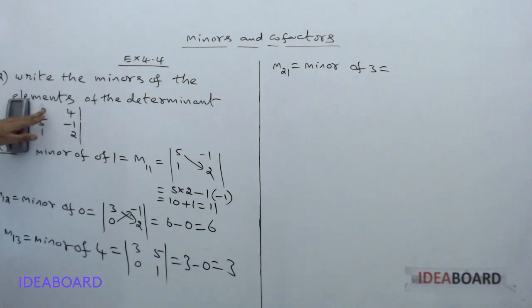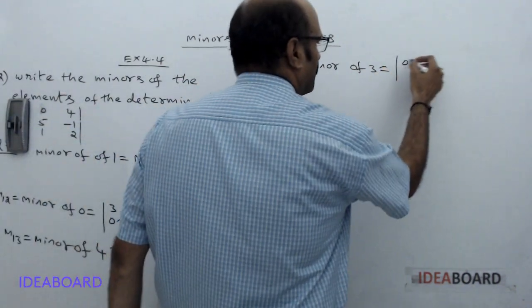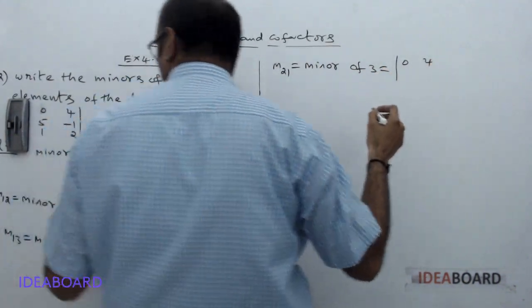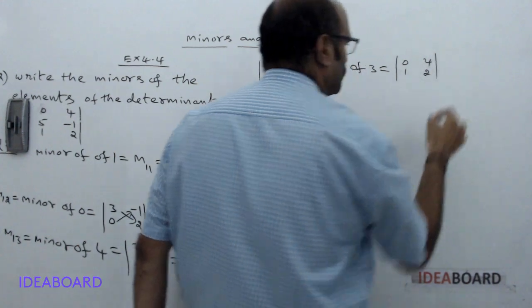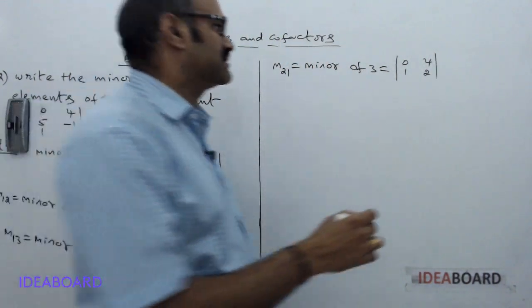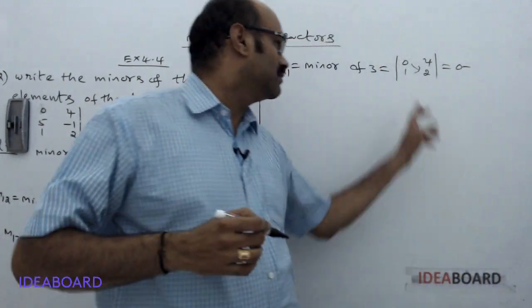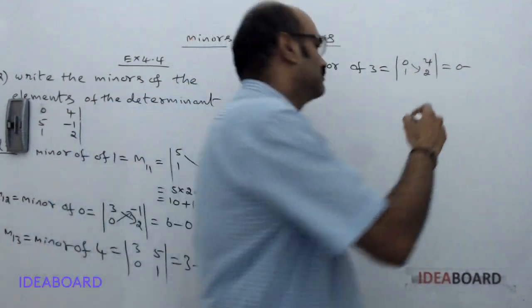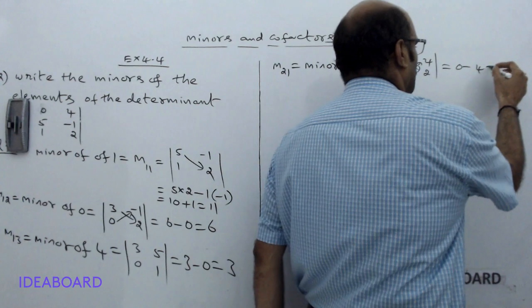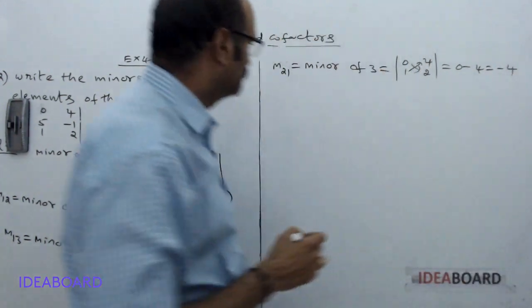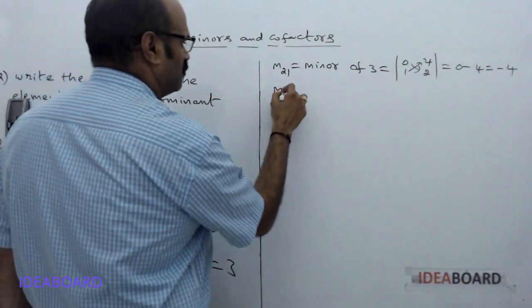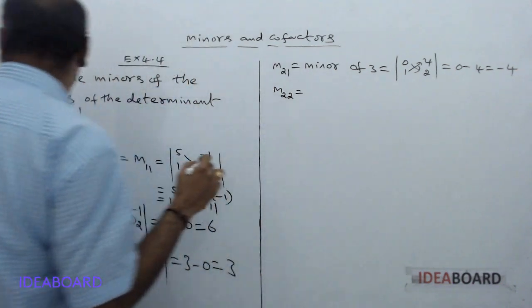The remaining elements are 0 4, 1 2. So the determinant of 0 4, 1 2 equals 0 into 2, 0, minus 1 into 4, which equals minus 4.